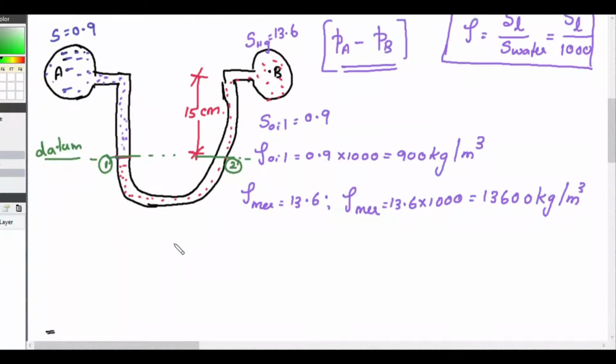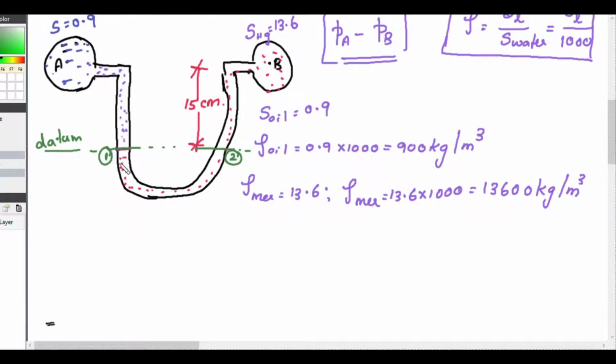We know the pressure along a horizontal surface remains the same. That means our pressure at 1 will be equal to pressure at 2. Now what is our pressure at 1? Pressure at 1 is pressure at A plus, when we go downwards it is positive, pressure due to this height.